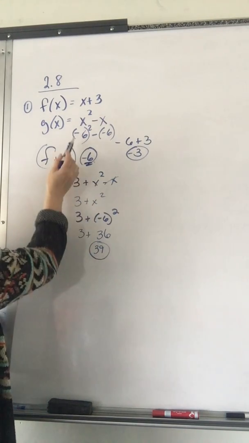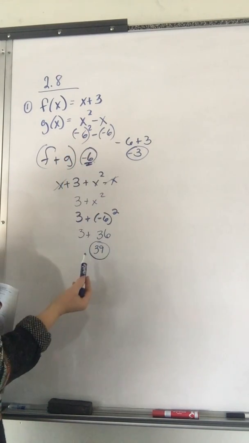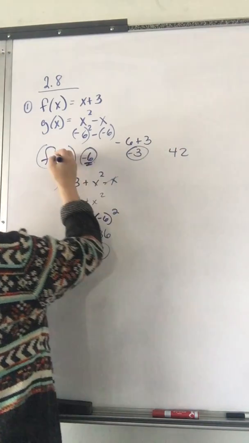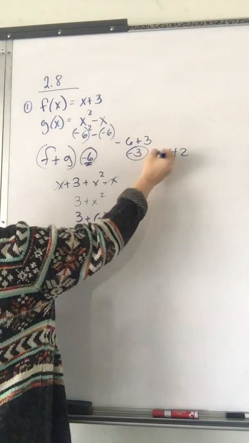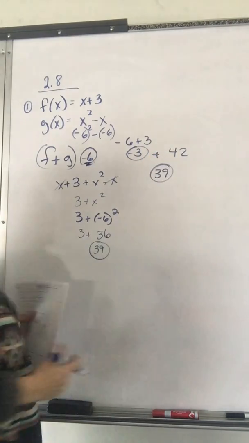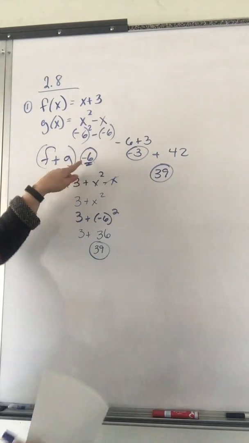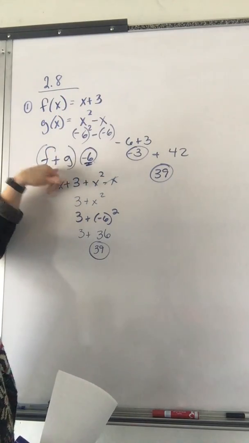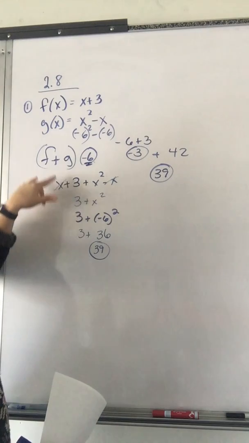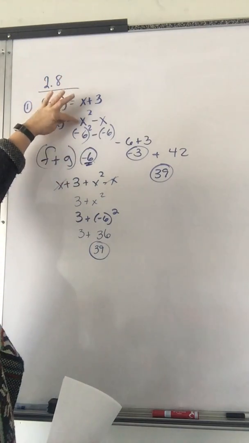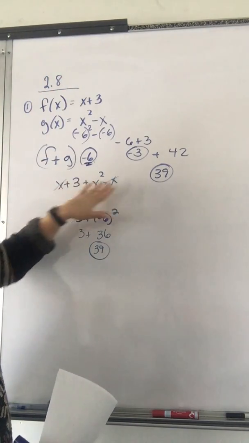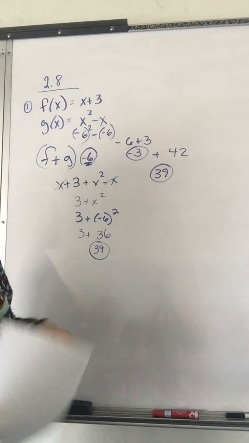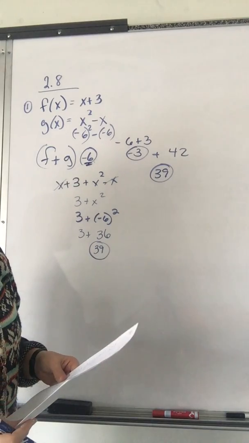Work that out, that's 36 plus 6, or use your calculator, and that's 42, and then add the two answers together. Still the same answer of 39. You can do it individually, plug the -6 in for the x's, work them out first, and then add them. Or what I did first is the algebra, function f plus function g, simplify it down, and then take that answer and plug the -6 in for the x. Either way, you can see it's the same output.